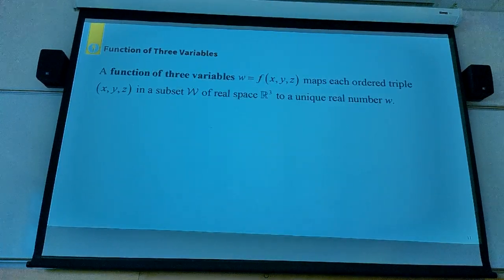Three-variate functions are any functions of the form w equals f of x, y, z. So now I'm taking an ordered triple in space, R3, and mapping it to a single real number w.